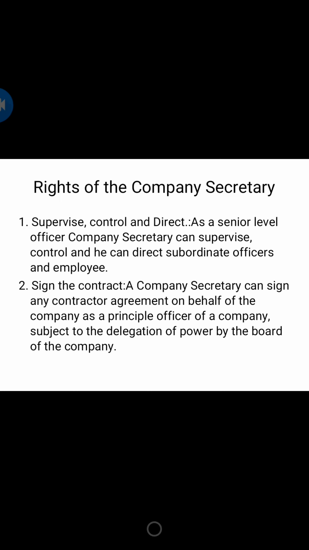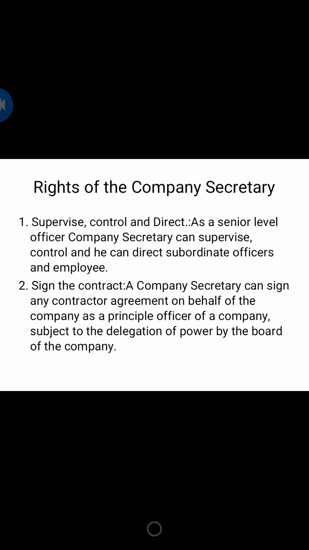So the first is, secretary is going to supervise, control and direct. Why is he going to direct, control and supervise? Does he have that authority? Yes. We treat secretary as a senior level officer of a company. So the company secretary is going to supervise all the day-to-day activities.